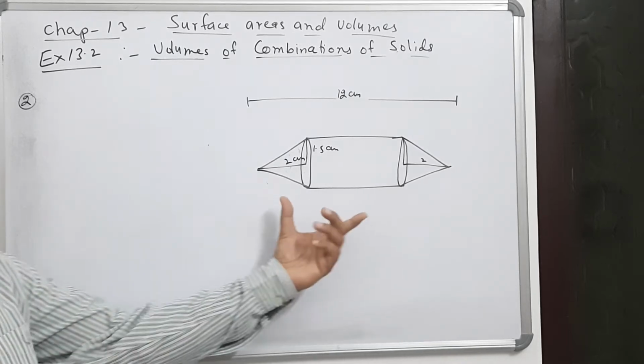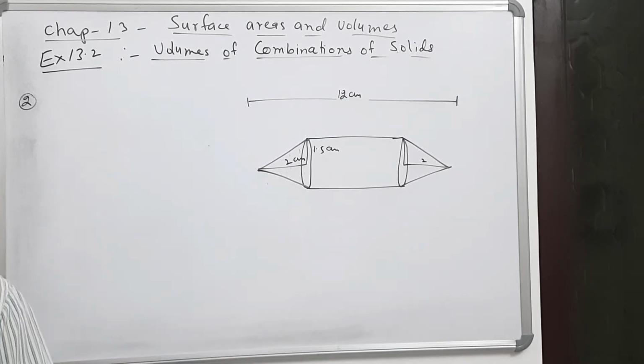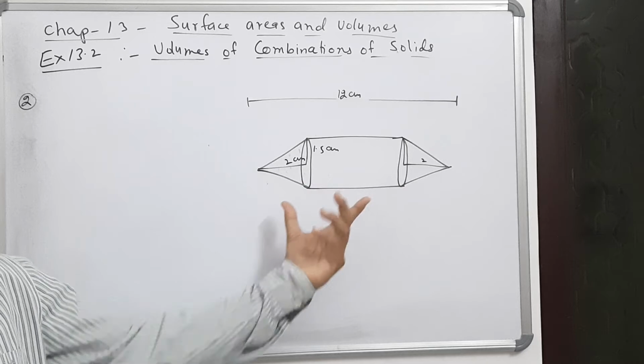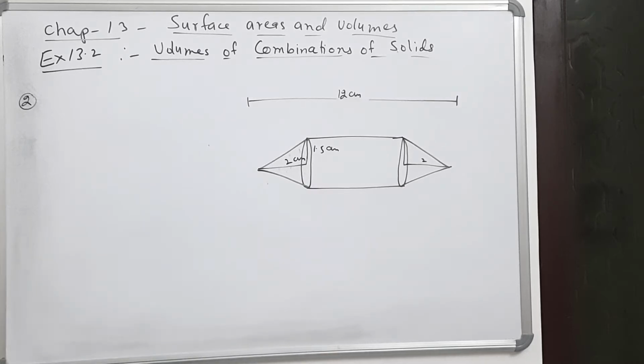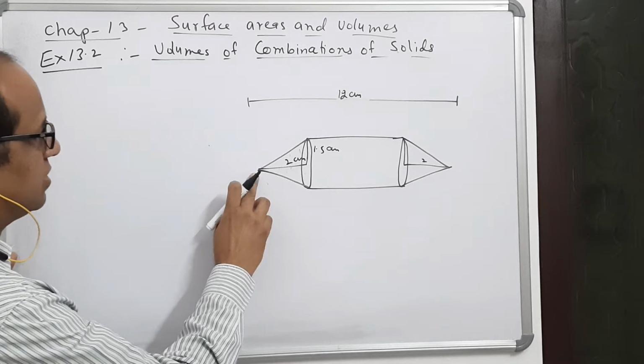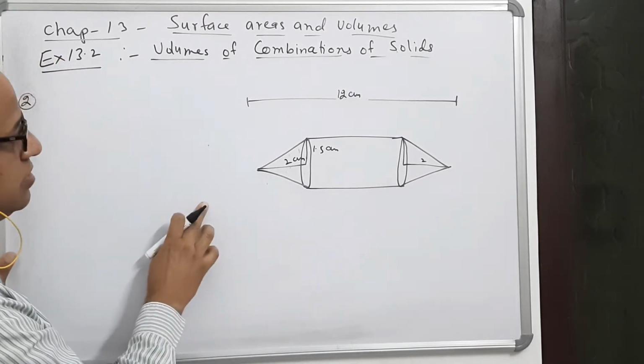In the second problem, you see this solid. It is a model of two cones plus one cylinder. Now it is told here that the total length of the model is 12 centimeter. So from here to here it is 12 centimeter.